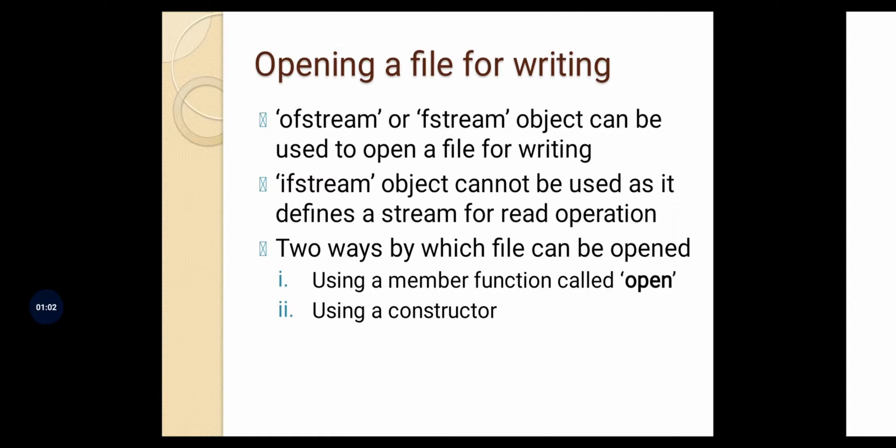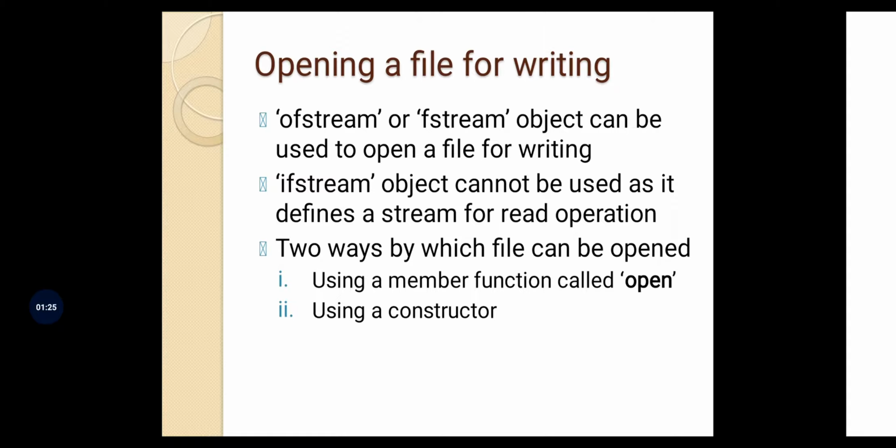Okay, so whether you want to read from a file or write onto a file, we must open the file. So there are two ways in which a file can be opened. One is by using a member function, which is a member function of the class ofstream or fstream or ifstream. And the second one is by using a constructor.